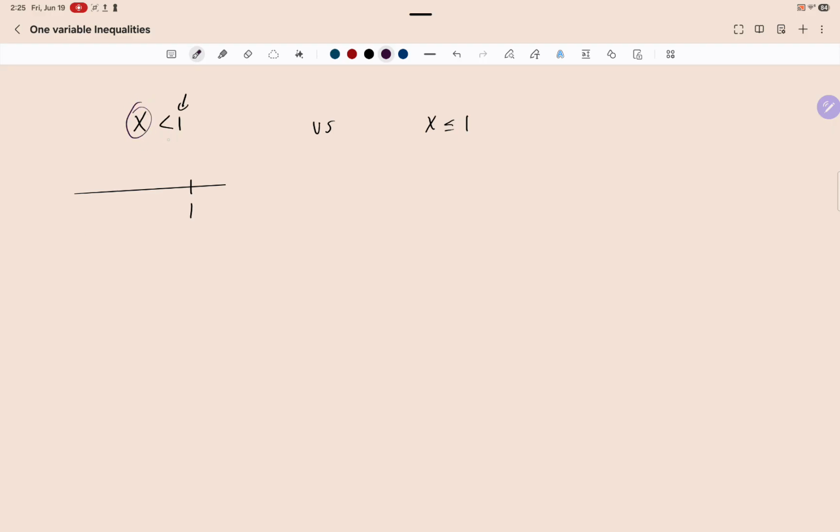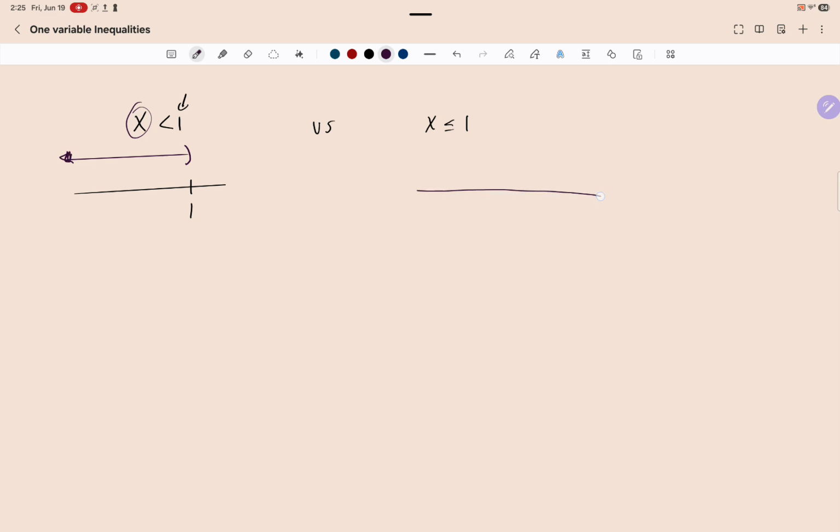So we want x's that are less than 1. Numbers to the right of 1 are larger, and numbers to the left of 1 are smaller. So we want x's that are smaller, and in this case, we're going to shade or draw our ray this way.